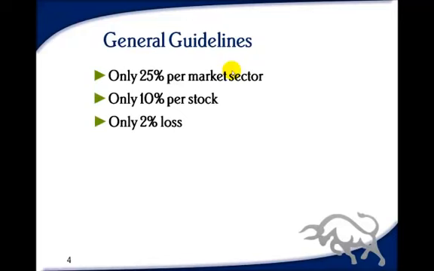Now, when you first hear that, you may say that that's ridiculous. What am I going to do so that I don't have more than 2% loss? It's a loss on the trade. It's looking at that risk level on the trade and seeing how many cents, how many pennies, below the price I'm buying it at.